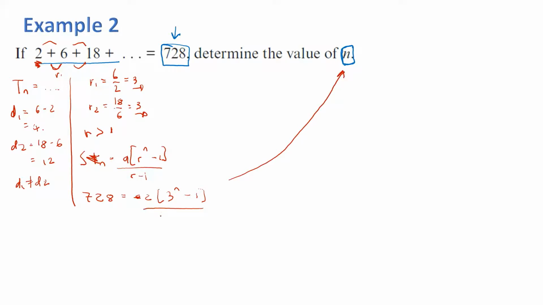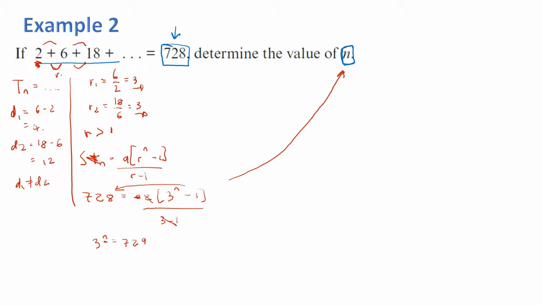So that is 3 minus 1. This is 2 divided by 2, which cancels out. I take that minus 1 over, so I have 3 to the power of n equals 729. How do I solve this then? That's an exponent. Well, I can take the log on both sides, right?